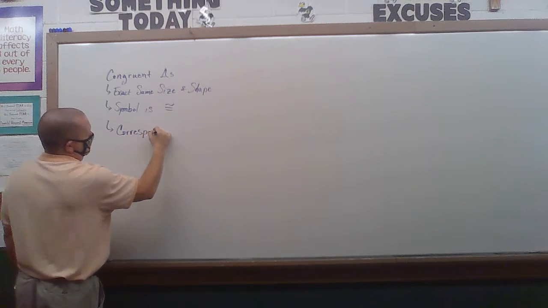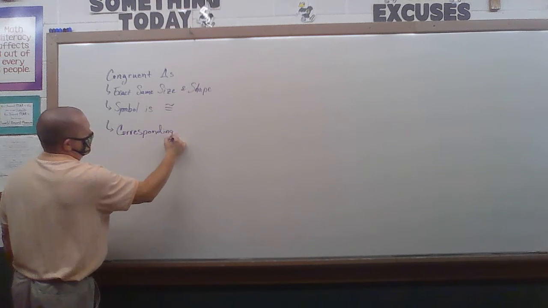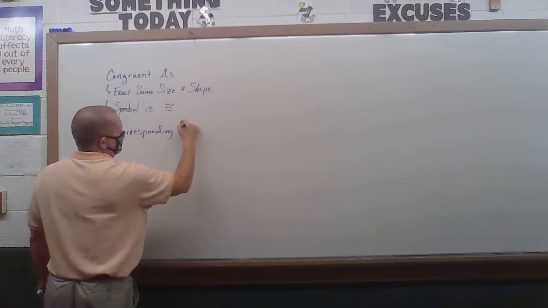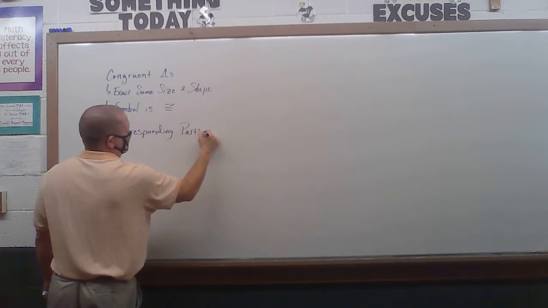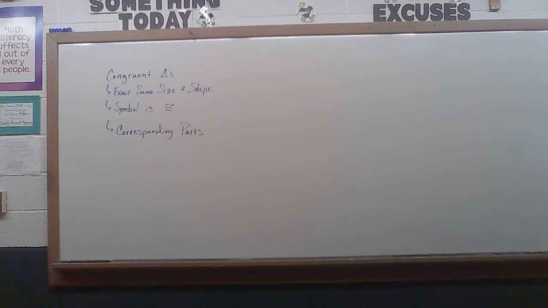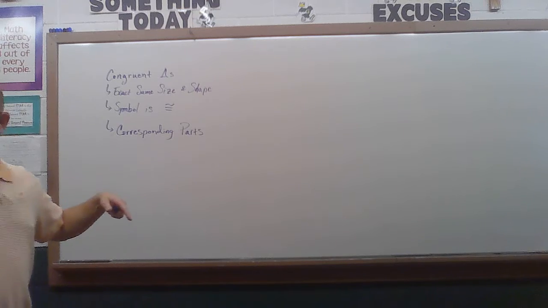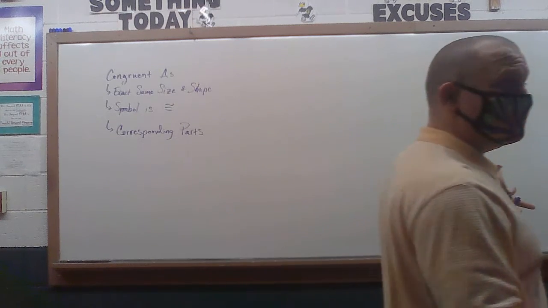Now we've heard this word before when we were talking about parallel lines and such. But what would be corresponding parts in two triangles? What's that mean? Like the angles, right? Or what else would we talk about in a triangle besides the angles?